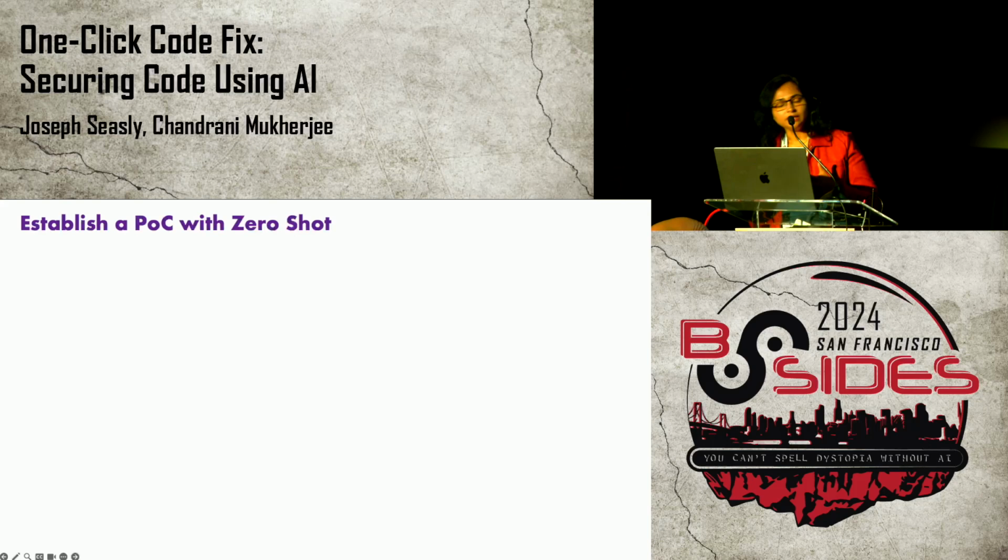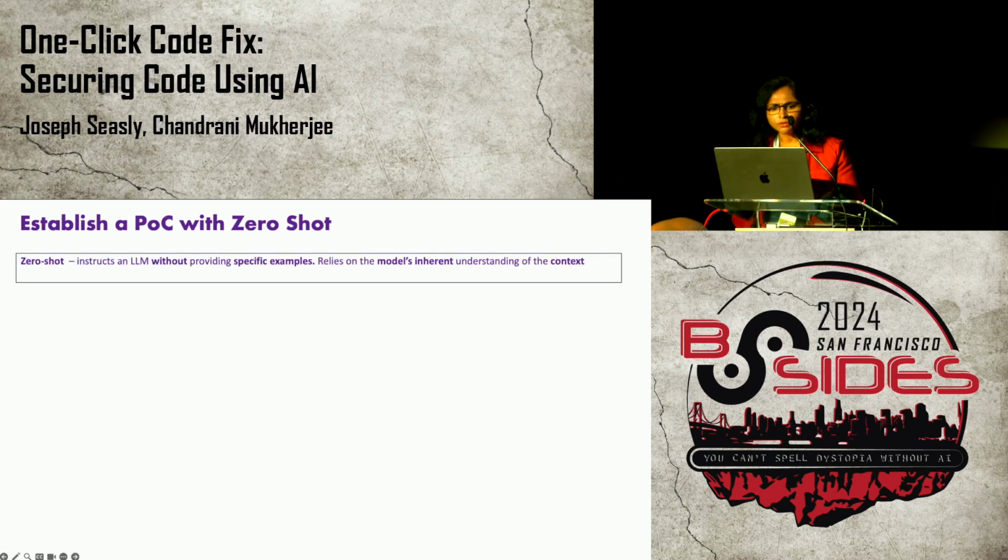So first we needed to do a POC. We needed to establish that this very thing we are trying, using an LLM to find vulnerabilities and fix them, would actually work. For this, we started with a zero-shot prompt engineering method.